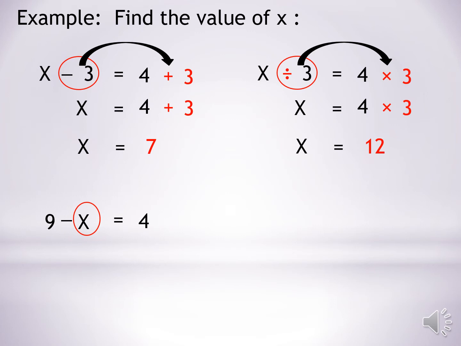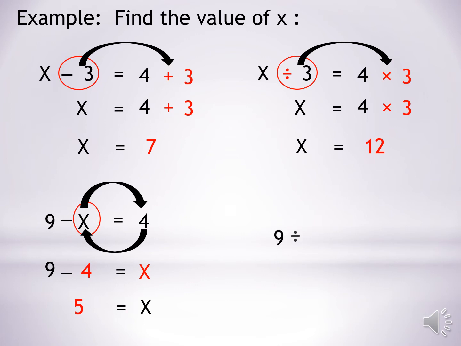Here the x is after the subtraction sign. So I will just switch it with the number after the equal without changing the sign. So I will put 4 in x's place and x in the 4's place. So it will be 9 minus 4 equals x. So x equals 9 minus 4 equals 5. So x equals 5. And that's it.